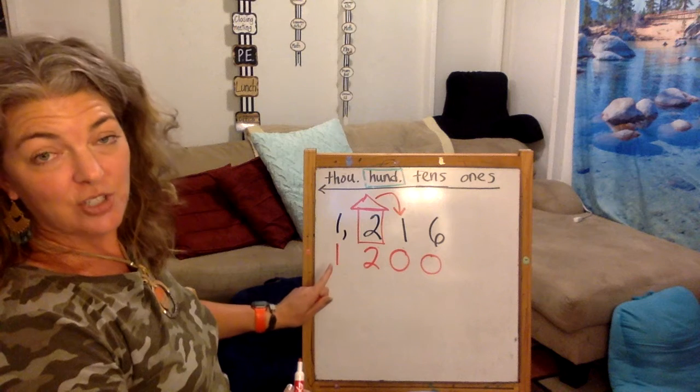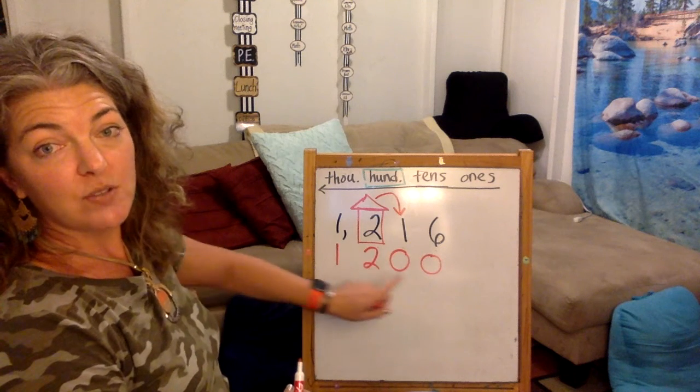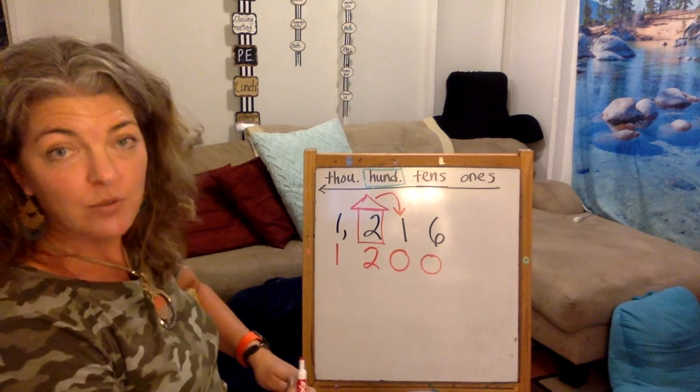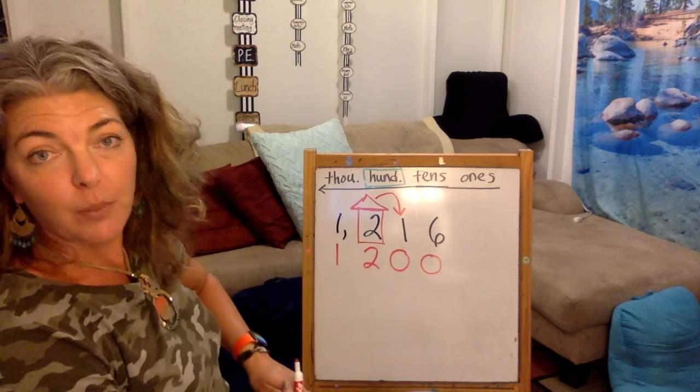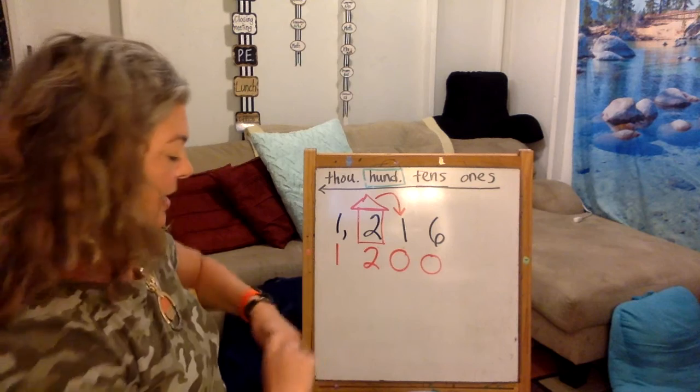1,216 changes to 1,200. When we round the hundreds, that's the number we get. Let's try again.